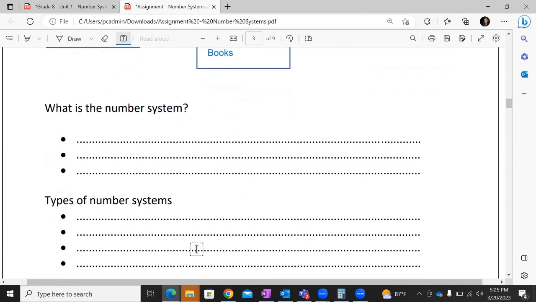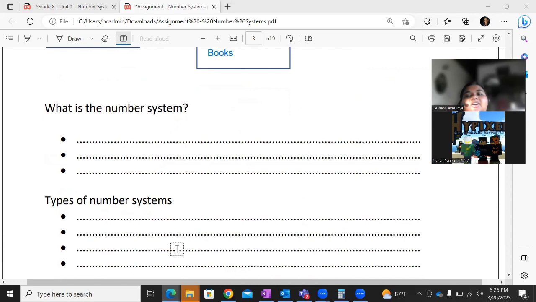Okay? So how can you write about this part? What is the meaning of number system? Right? So why do we have a thing called number system? Okay, that's the important part. For this one, we have to write what we can do with the number system, right?